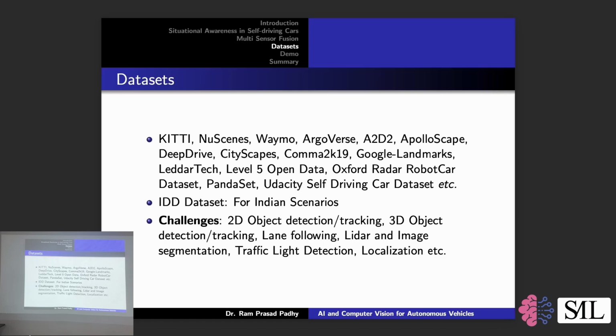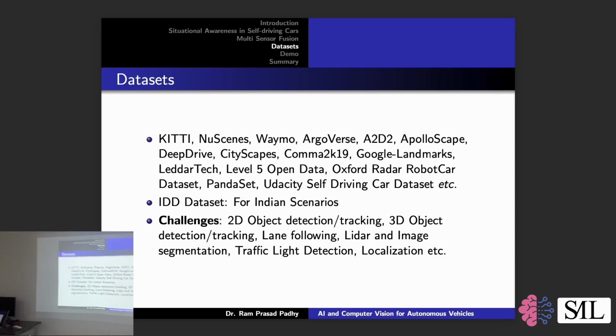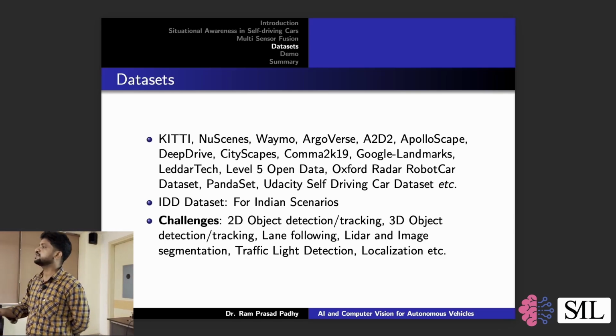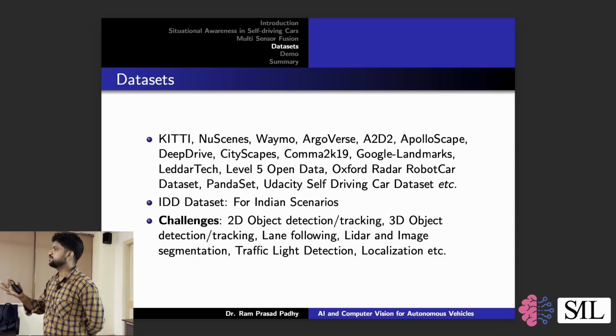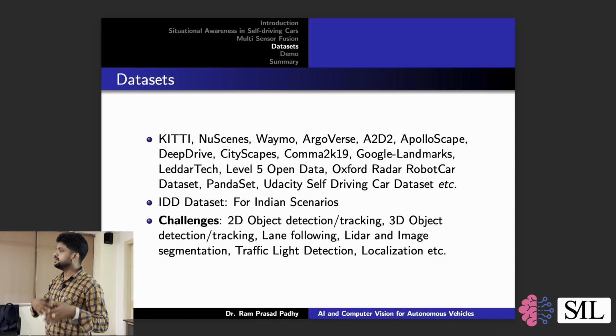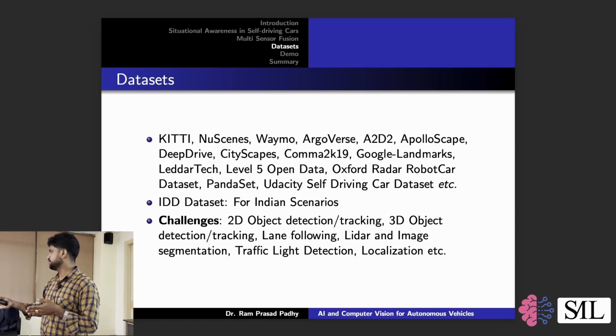You will not get that in foreign scenarios, so if you run it in our Indian scenarios, these autos will not be detected. Even the buses are not detected, because the structure of buses changes, right? Even bicycles, to some extent. So what we have to do is collect the data, then train in our own setup, and then we will be able to detect them, right?